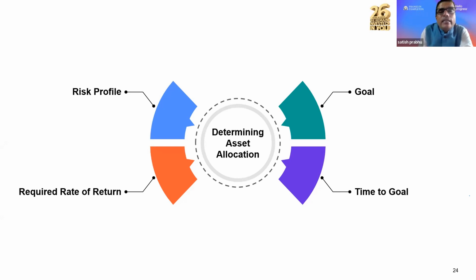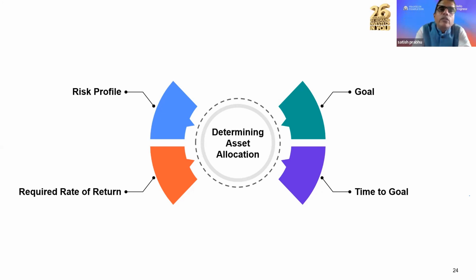The third criterion is your goal, and whether your goal is a short-term goal or a long-term goal. Now, if your goal is less than 5 years, please do not have equities as part of your asset allocation.